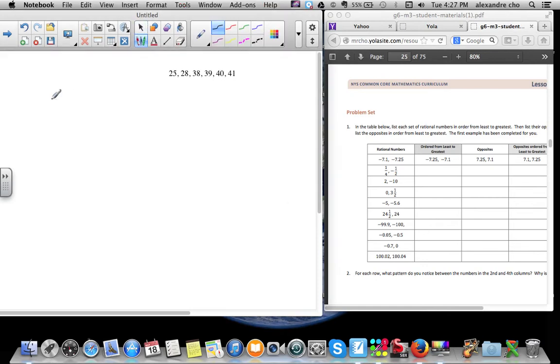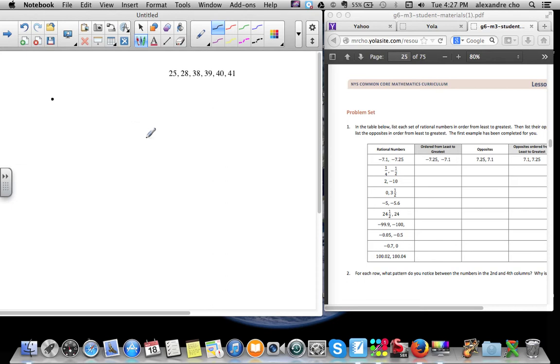Page 25. In the table below, list a set of rational numbers in order from least to greatest. So basically we're just ordering these. That's easy enough.